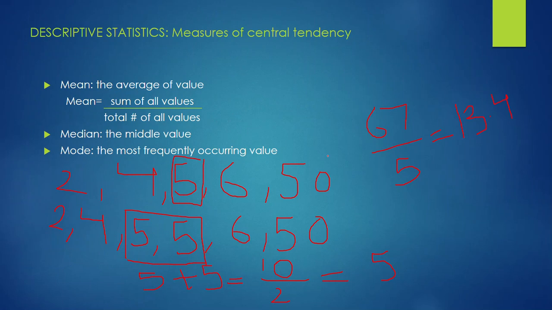Now you can see that here we have this 50, which is the extreme value in our example. This 50 is an outlier here. An outlier is a value that differs greatly from the rest of the data.